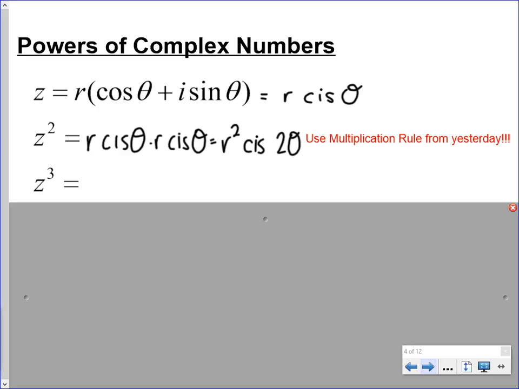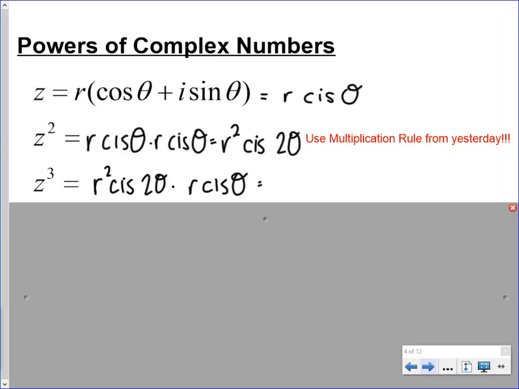Now, I'm going to do another power. So now I'm going to take z, r cis theta, multiply by itself 3 times. R cis theta times r cis theta times r cis theta. Well, the nice thing is I've already done r cis theta times r cis theta. So I know z squared is r squared cis 2 theta. And I'm going to multiply it by another z, which is r cis theta.